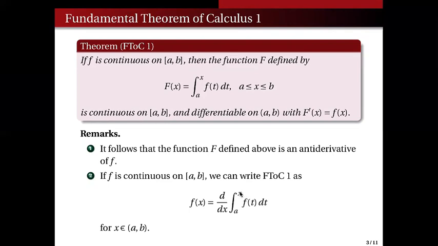And I want to put into quotation marks this definite integral. This guy looks like a definite integral. But the upper limit of integration here is a variable. For the definite integral that we've learned, both lower and upper limits of integration are fixed numbers. But for this, x is changing.